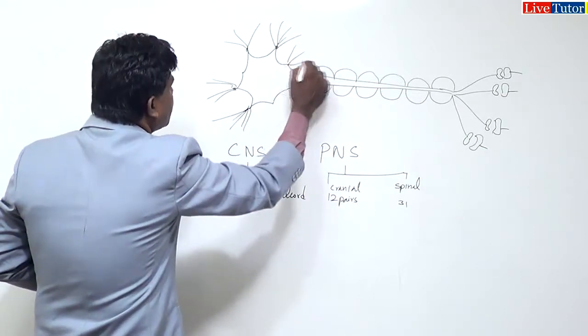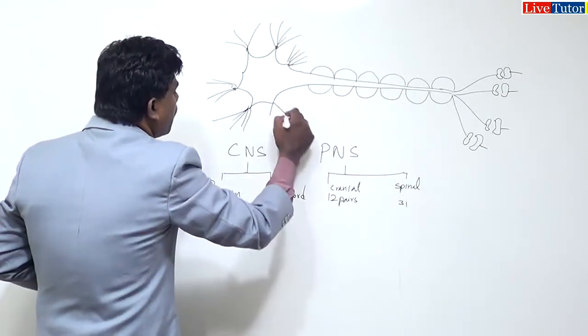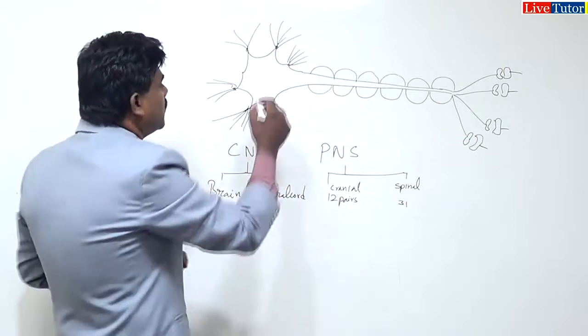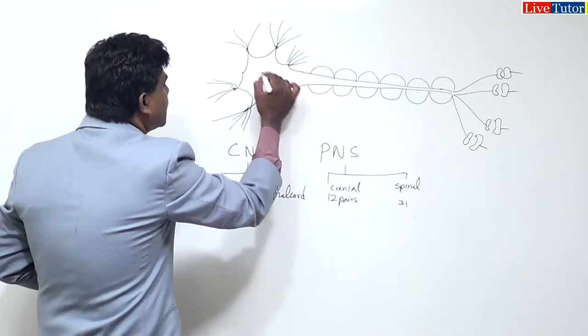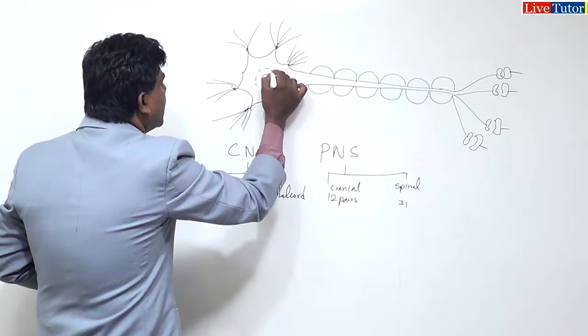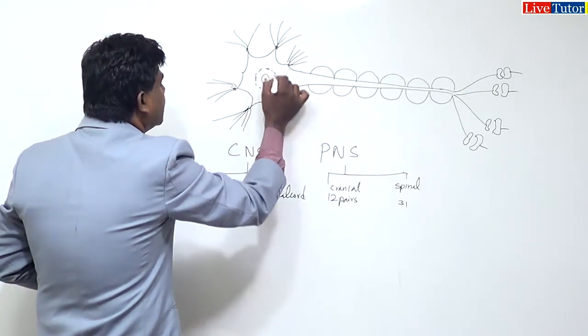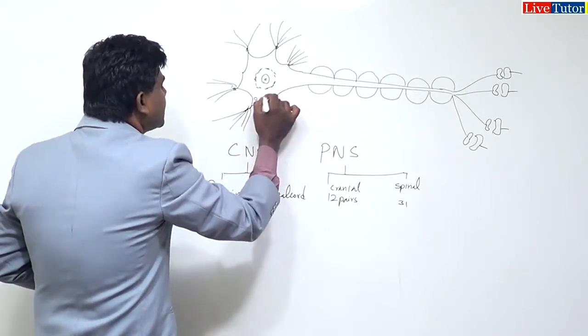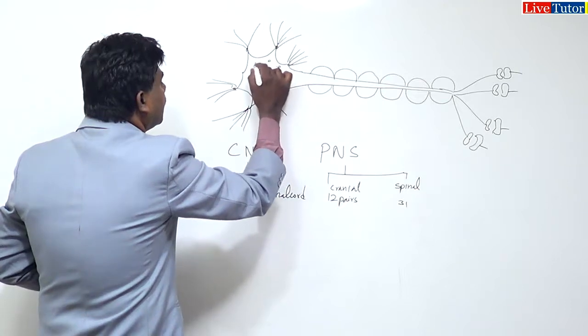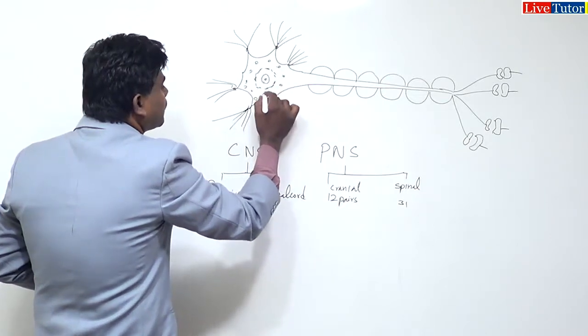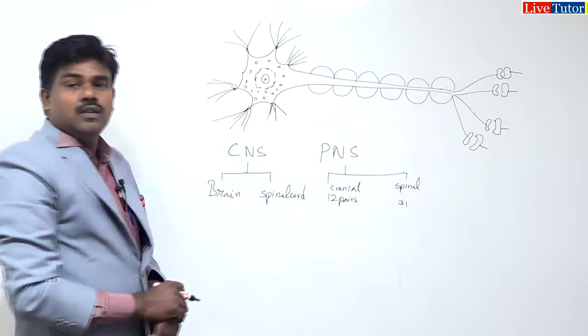What are the types of neuron? Unipolar, bipolar, and multipolar neurons. There is one central nucleus surrounded by cytoplasm, and there are Nissl granules.